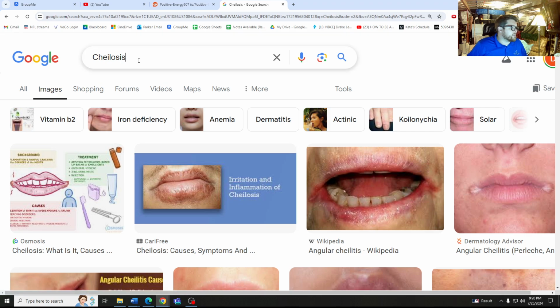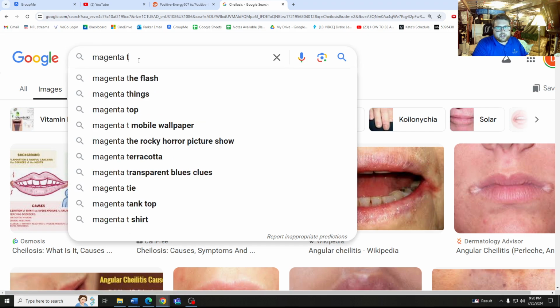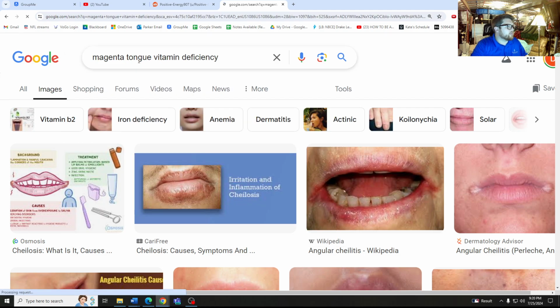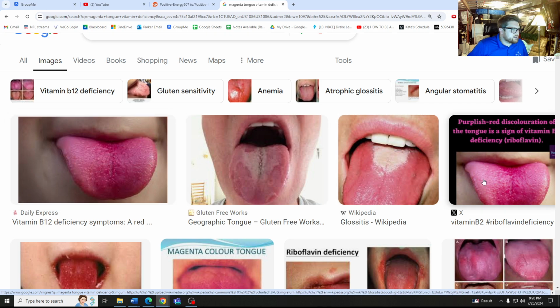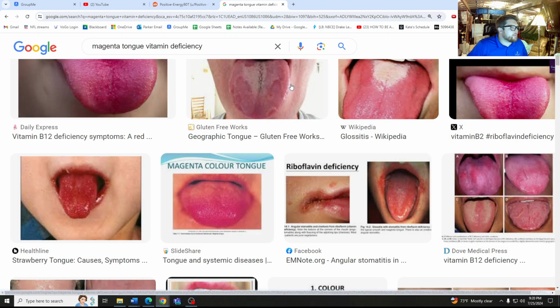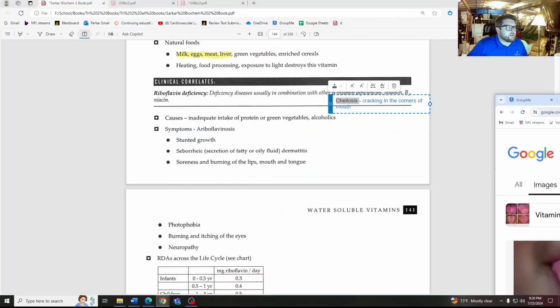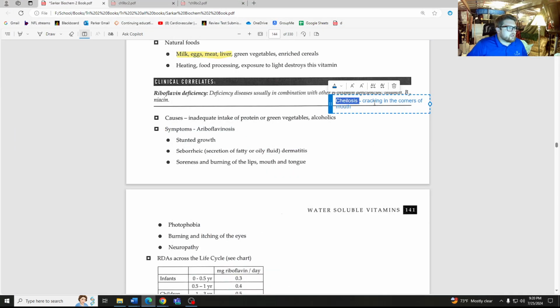You can also get something called a magenta tongue. You can get this with a couple different deficiencies, but most often it's associated with riboflavin. You get a magenta colored tongue. This you probably won't be tested on. Cheilosis, you might be.